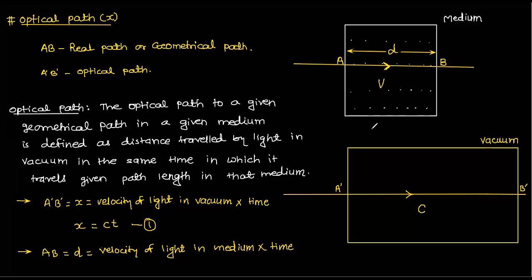Right or wrong? So can I write like this? D is equal to v into t, because time is the same in both cases. Call this equation number 2.